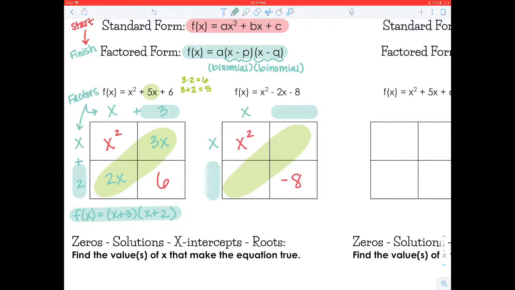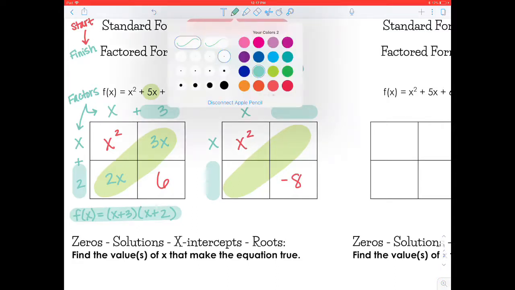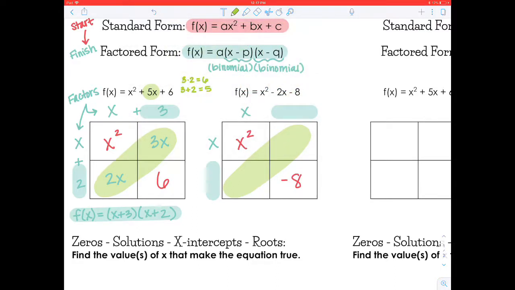So I need numbers that multiply to negative 8, but add to negative 2.